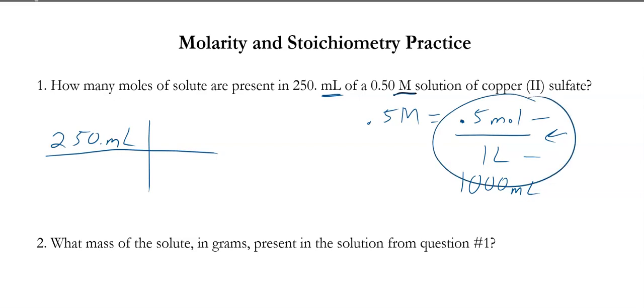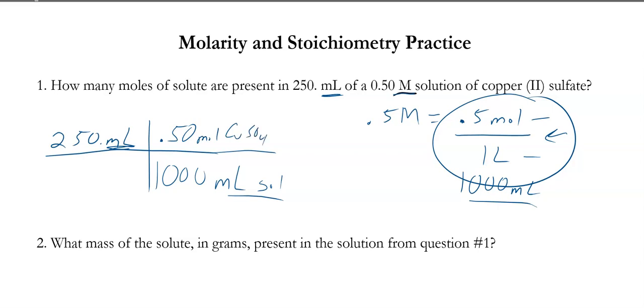I want milliliters on the bottom, so I'll put solution here on the bottom so that it will cancel. Milliliters of solution on top, milliliters of solution on bottom. I know that the molarity is per 1,000 milliliters, and I know that there are 0.50, for sig figs, moles of CuSO4 per 1,000 milliliters.